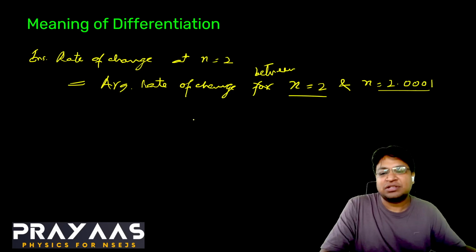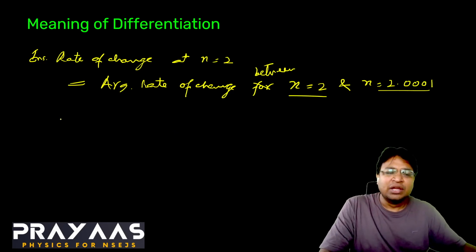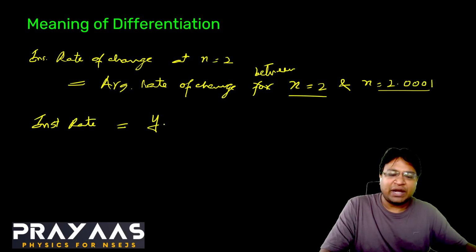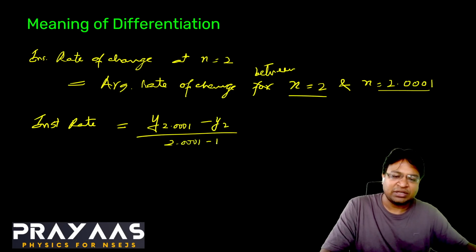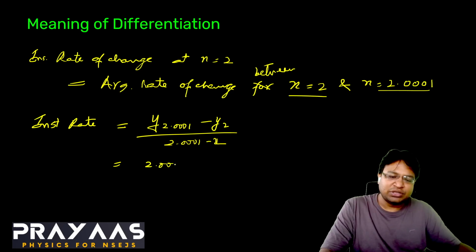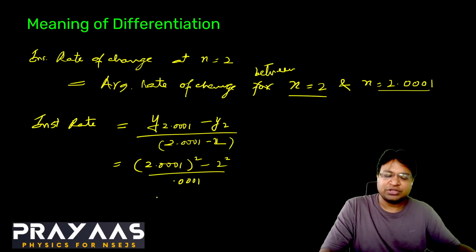It basically means that the instantaneous rate would be the value of y when x equals 2.001 minus y when x is 2, divided by 2.001 minus 2. If we try to do this, it becomes 2.001 squared minus 2 squared, divided by 0.001.